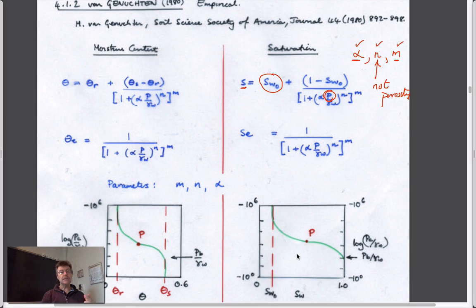The second is that if you know these parameters from the soil type, you can immediately define your relative permeability versus saturation curves as well.